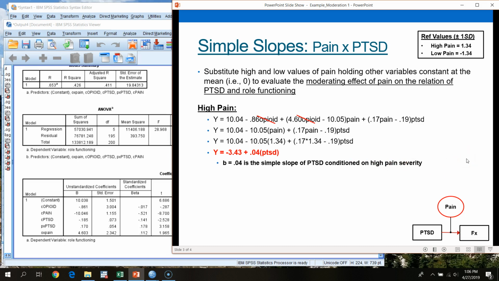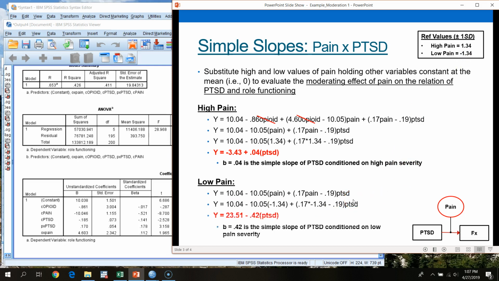All right. Same thing for low pain. I can just jump off and start here because I already know I'm holding opiate use constant at 0, which means I'm just controlling for it, because remember we centered that variable. So, controlling for or averaging across opiate use, I have my equation for PTSD and pain here, but this time, because I'm looking at low levels of pain, I'm just going to drop in negative 1.34, or a standard deviation below, for my level of pain.